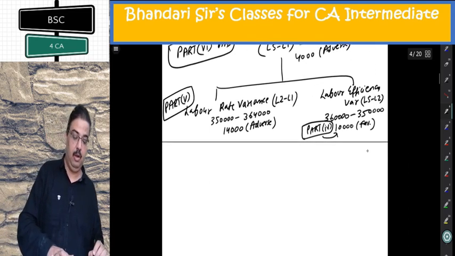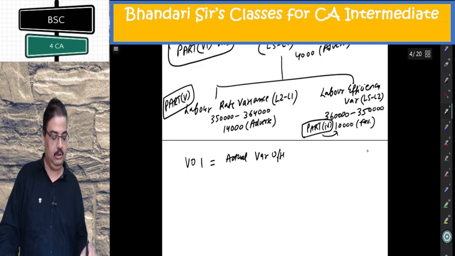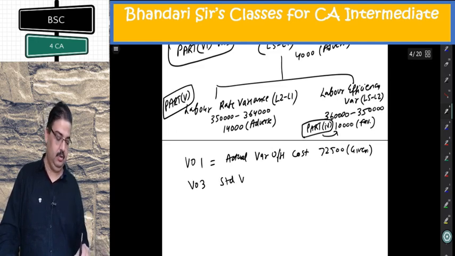Now I reach variable overhead. VO1, actual variable overhead cost incurred, 72,500 given. VO3, standard variable overhead cost for actual production.